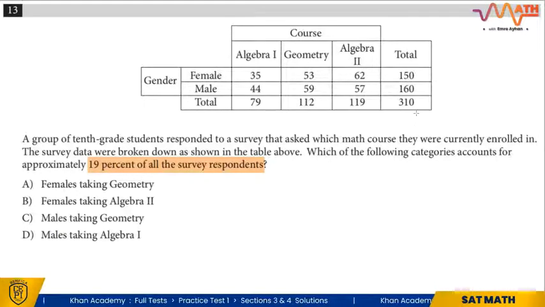So there are how many total? 310. So let's find 19% of 310. We have to multiply by 19%, by 0.19, right?